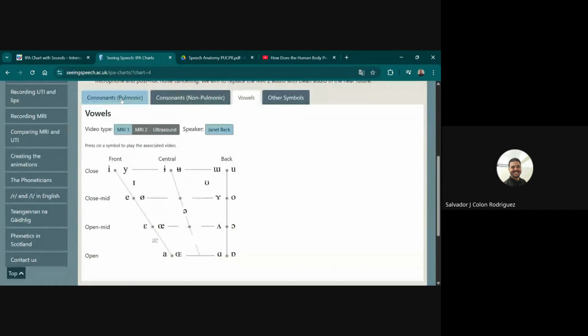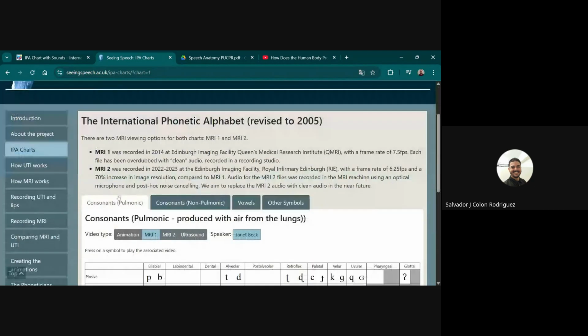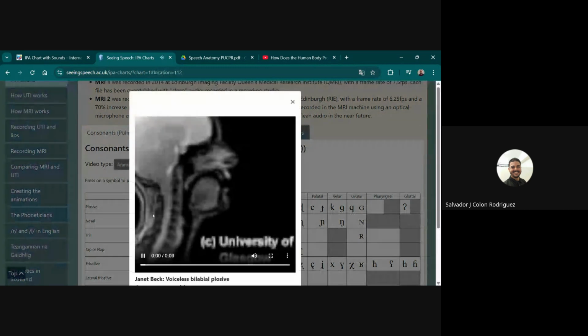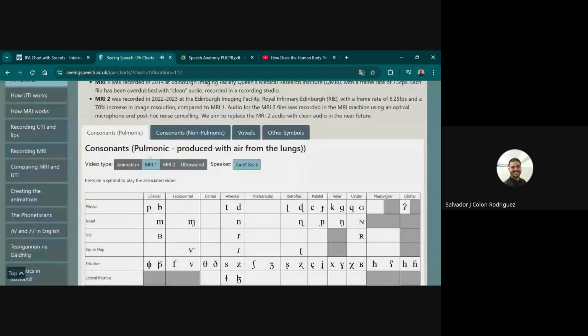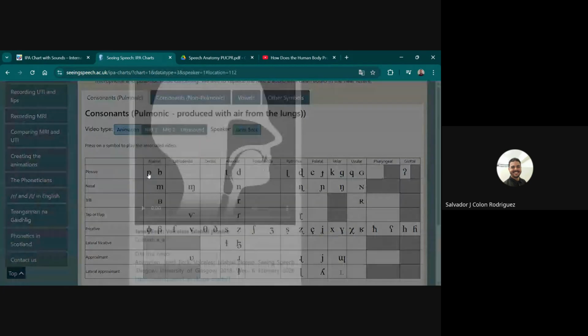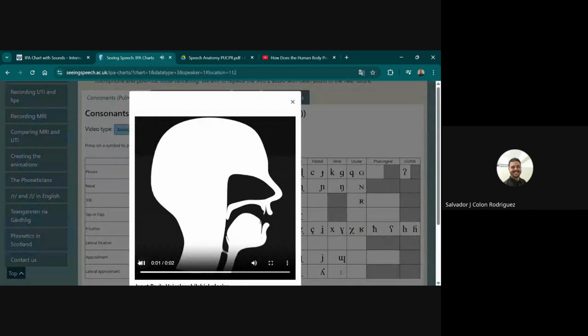So let me go back to the consonants and let me show you the vocal cords, at least how they are represented on these videos. I want the animation. Got the animation right here. And this one, P, is a voiceless sound. In this case, it's a voiceless consonant.